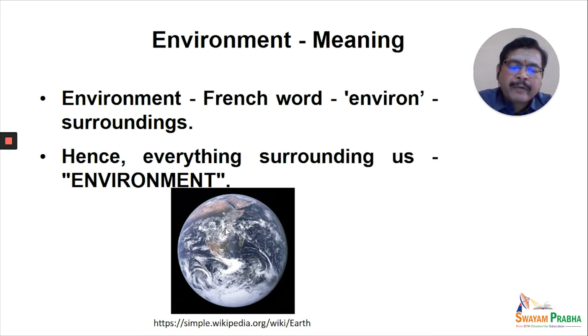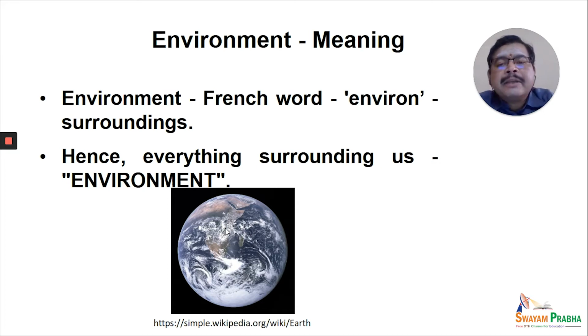Our earth is our environment, and we are living on this earth, and our life is sustained through very many biotic and abiotic components. For example, we breathe air from the surrounding. Our air is purified by the plants. We depend on the plants for food, and they grow in soil.